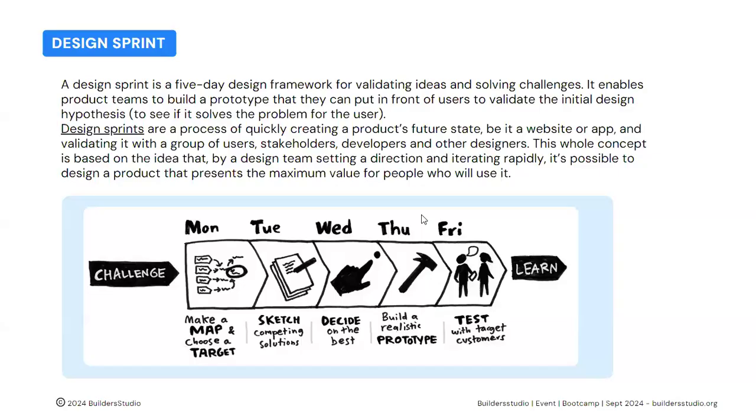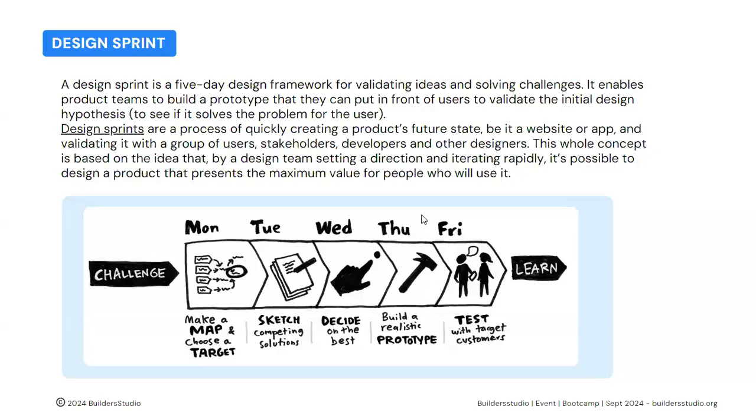So you have to prototype the designs, your UI designs that you've made, and validate them with users. You bring it. Okay, this is the design. What do you feel about this thing? What are the changes that we can make?